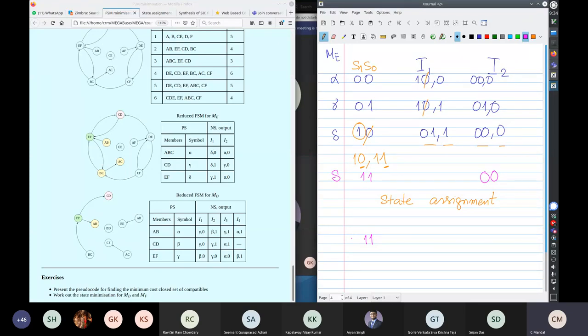I was not using delta actually for a reason, because delta is usually called the state transition function. So maybe I'll just rub out delta and I'll call it beta, that's all.